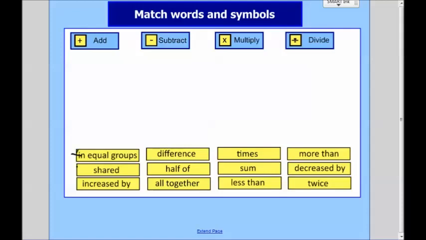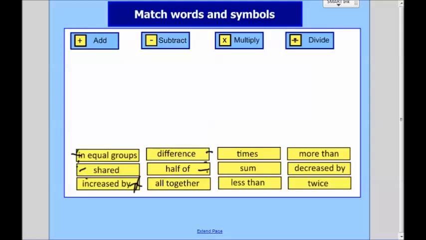Shared, when you share stuff, you're putting them in equal groups, you're dividing. Increased by, you're making it bigger. Add. That's a plus sign. Difference, half of. If you're taking half of something, you're cutting it in 2 parts. You're dividing.